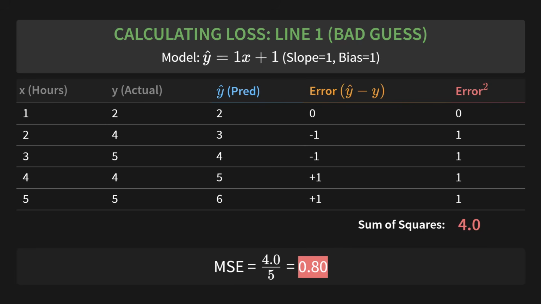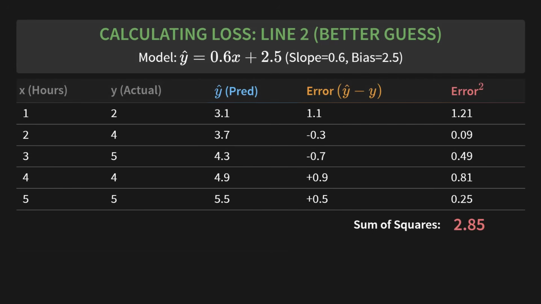That's our score. Okay, let's do this again, but for our better guess. This time the model is y hat equals 0.6x plus 2.5. The process is exactly the same. We plug in each x, get a prediction, find the error, and square it. For x equals 1, the squared error is 1.21. For x equals 2, it's 0.09.